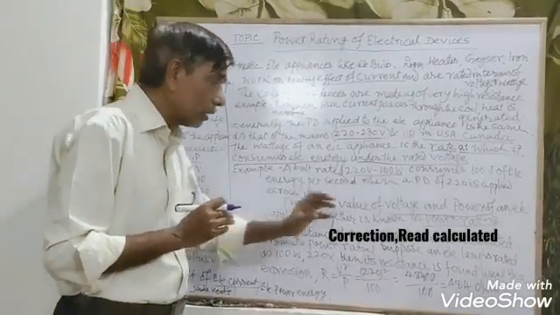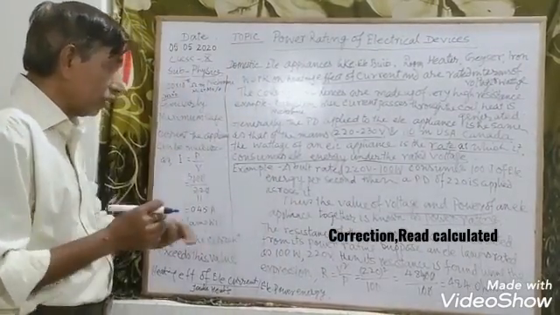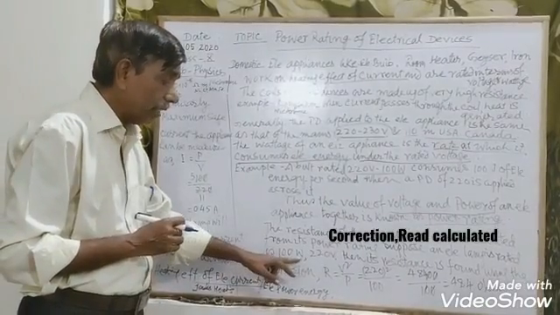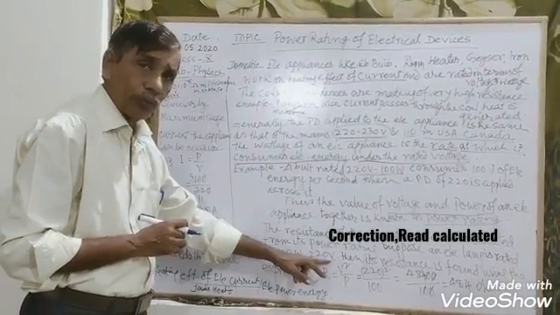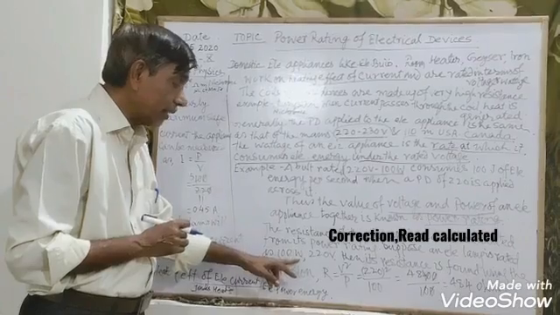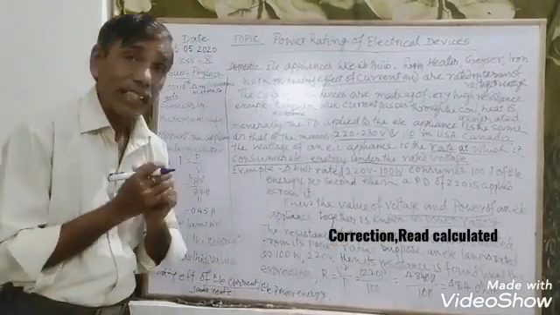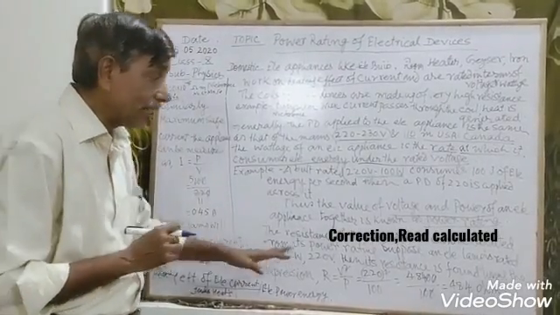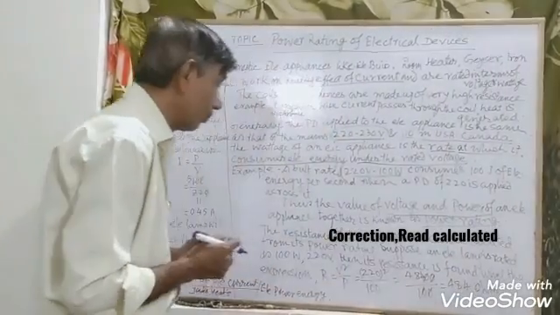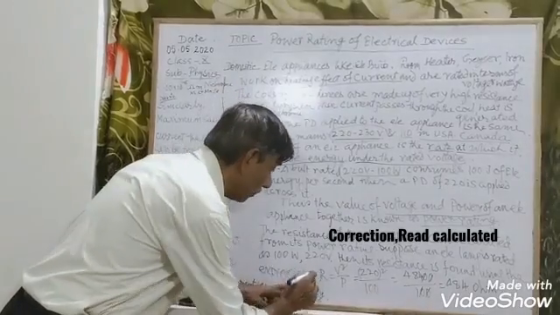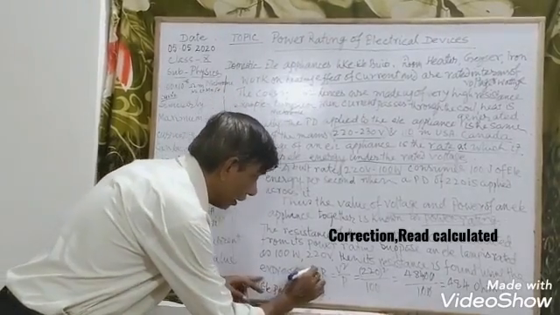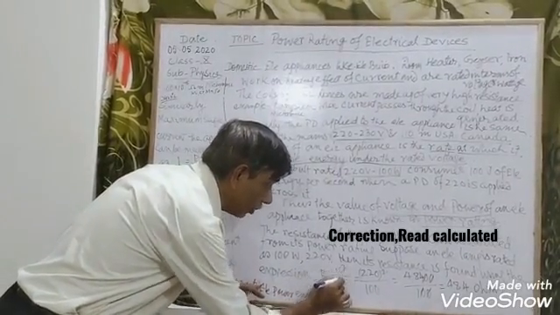So suppose an electric lamp is rated 100 W, 220 volt. So 100 wattage and 220 voltage. Then what will be its resistance? Its resistance can be found using this formula, expression R equals V squared by P.